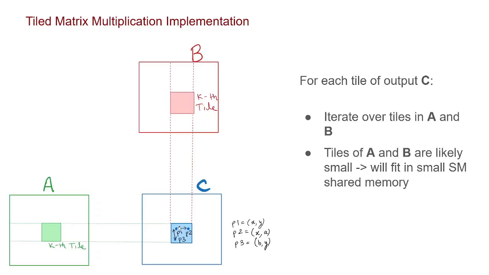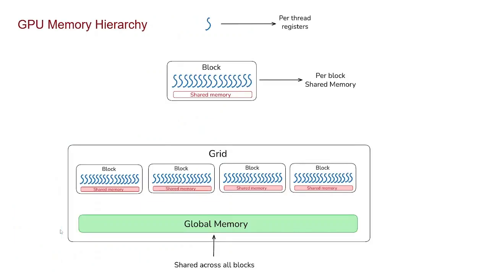So this is the idea behind tiled matrix multiplication, and this helps us improve memory accesses by making much fewer memory read requests to the global memory, bringing things into the shared memory, and then all the threads working with that. So in a way, this has what's called high locality, and as we'll see in a bit, it improves the performance quite a bit.